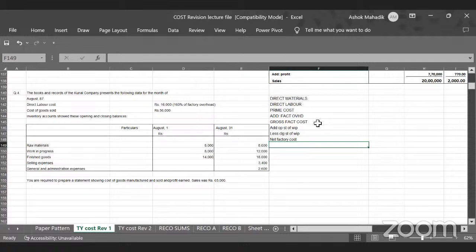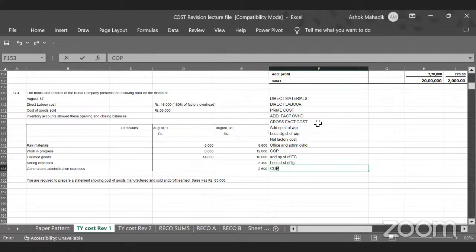Okay, then we add factory and office overheads, and admin overheads. We get cost of production. Add opening stock of finished goods less closing stock of finished goods.